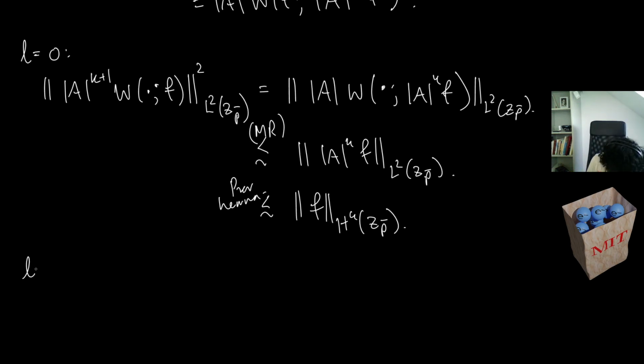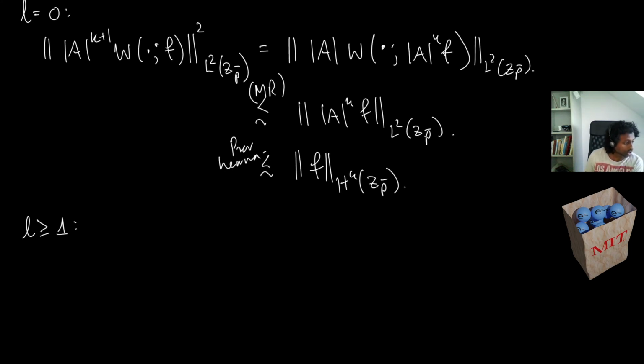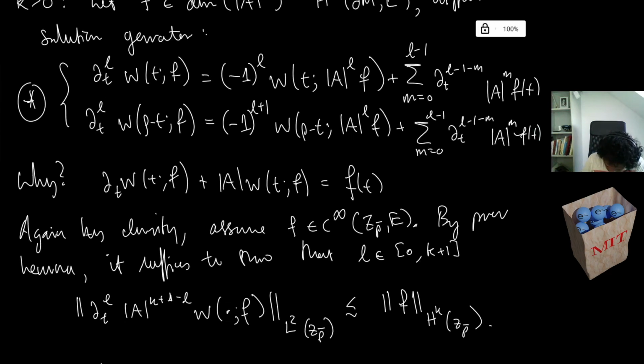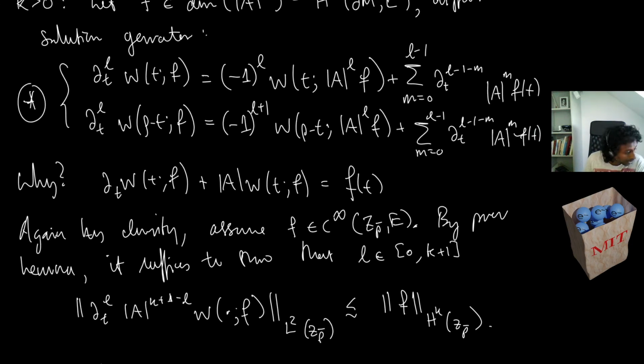Okay, now for the case of L greater than or equal to 1. So by what we have upstairs, the star, we just multiply, right? So that's the star here. We multiply by modulus A, so we multiply just this partial t to the L expression by modulus A to the k plus 1 minus L, right?